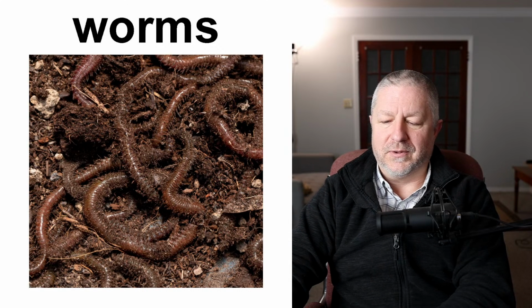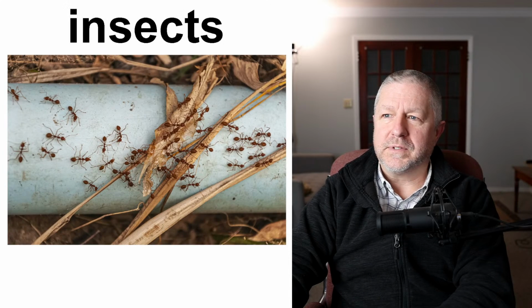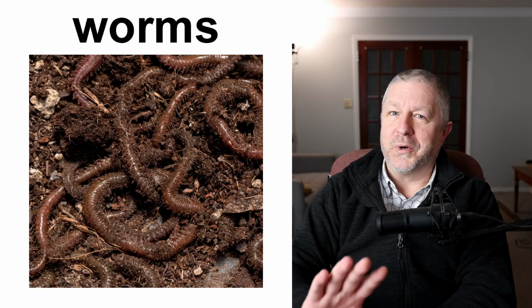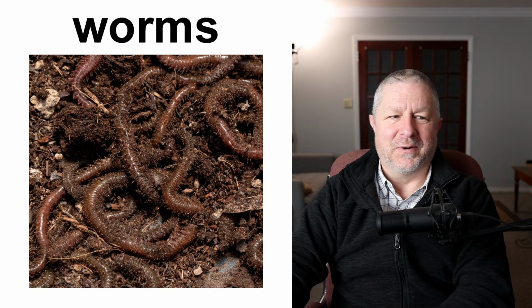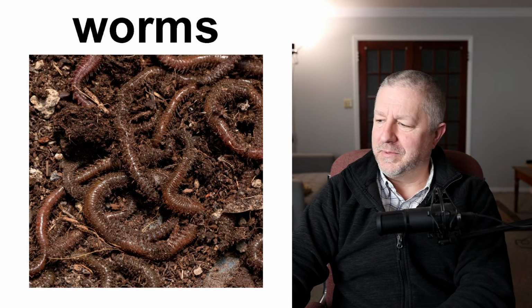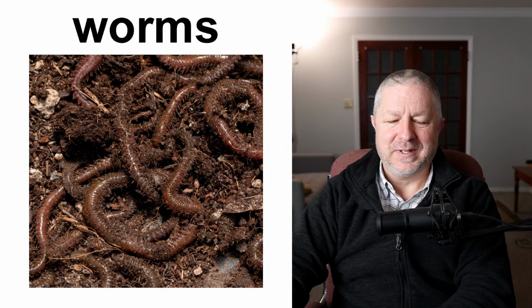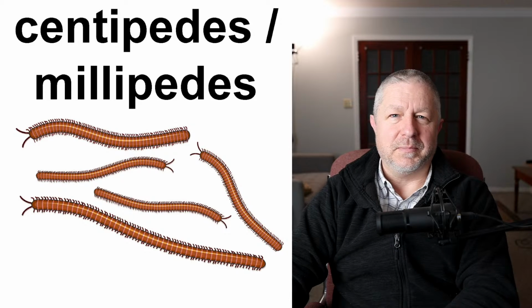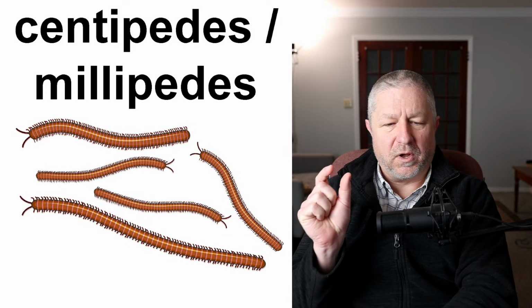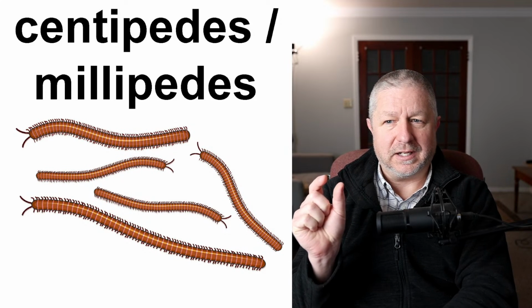But another thing that you might see if you look down, by the way, worms aren't insects. So it was worth having a different slide, I think, for that. There's something else, and I can't remember, but remember, this isn't a science lesson. Centipedes and millipedes. We have very small centipedes and millipedes in Canada.